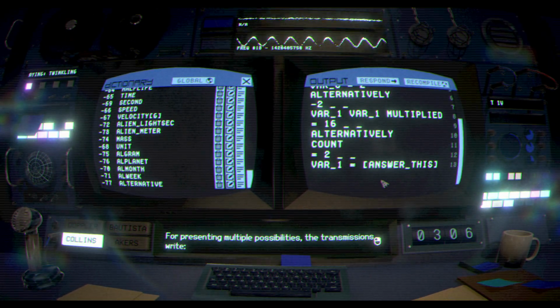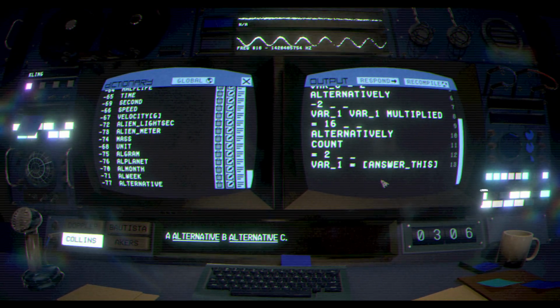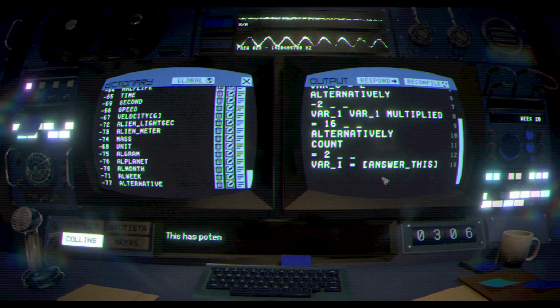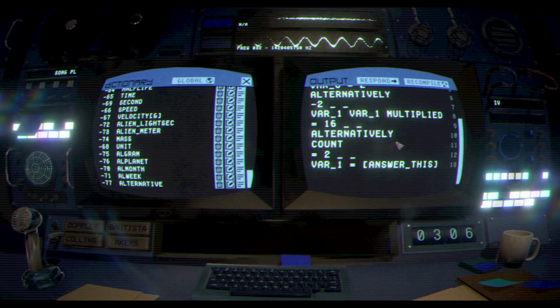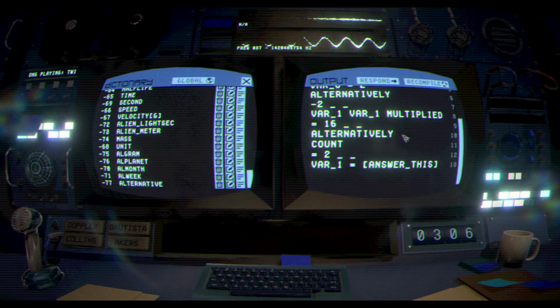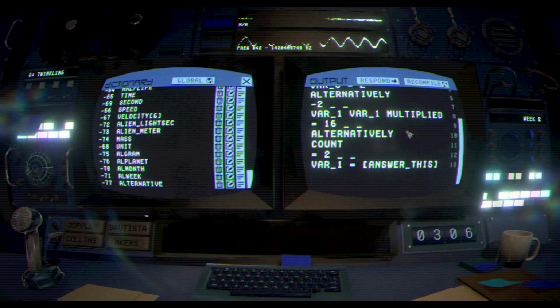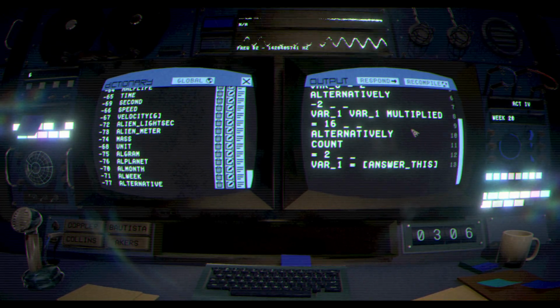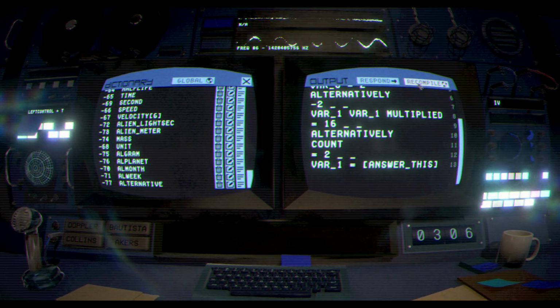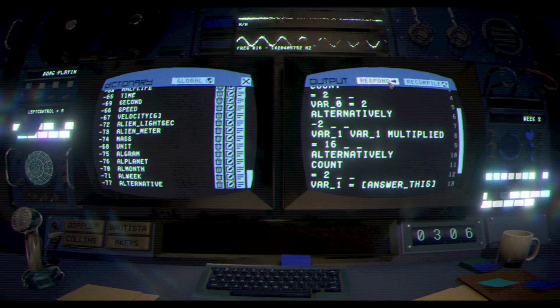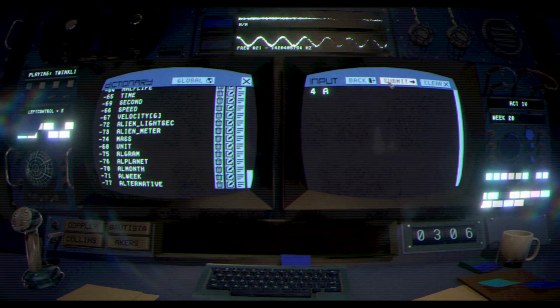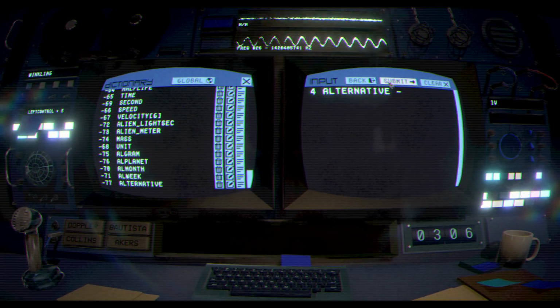For presenting multiple possibilities, the transmission's right. A, alternative B, alternative C. This is potentially quite a powerful linguistic tool. That's true. We can use it to help understand synonyms very much more easily. So var 1 equals 4 alternative -4.